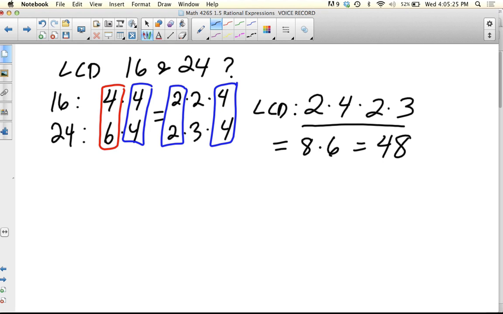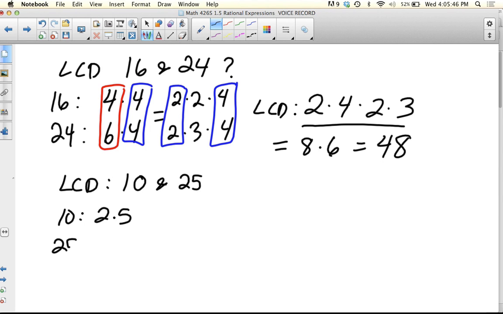Okay, let's do one more. Lowest common denominator of, let's say, 10 and 25. Okay, so 10, we've got 2 times 5, and 25, we've got 5 times 5.